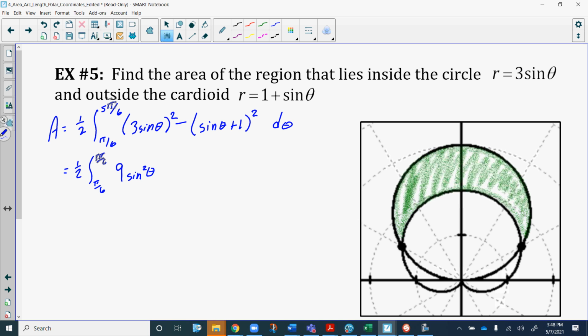The next term squared is going to be minus sine squared theta plus 2 sine theta plus 1, d theta. So when we distribute the negative, 9 sine squared minus 1 sine squared will be 8 sine squared of theta minus 2 sine theta minus 1 d theta.